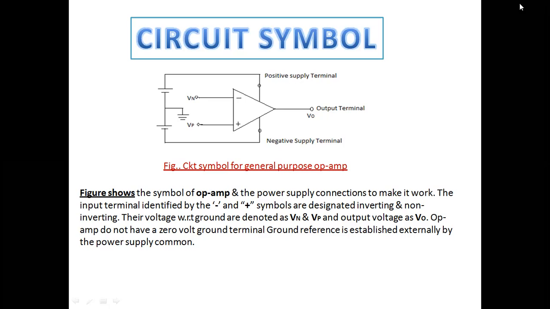Here we will get the output, that is VO, the output voltage. The op-amp does not have a 0-volt ground terminal. The ground reference is established externally by giving the supply commonly. It means we can give the power supply commonly, which will give us the reference ground voltage.